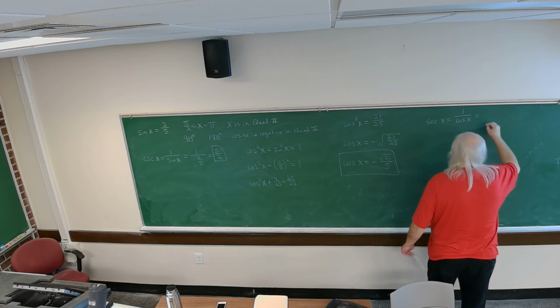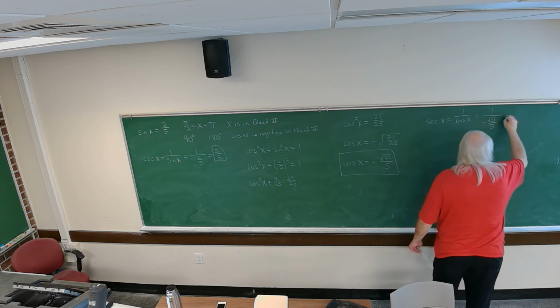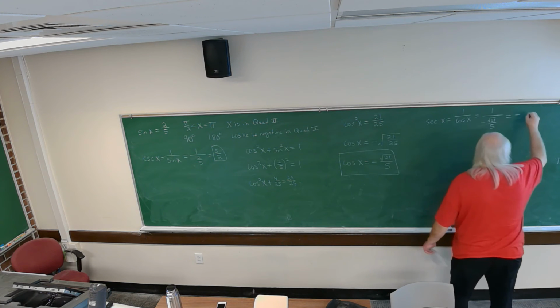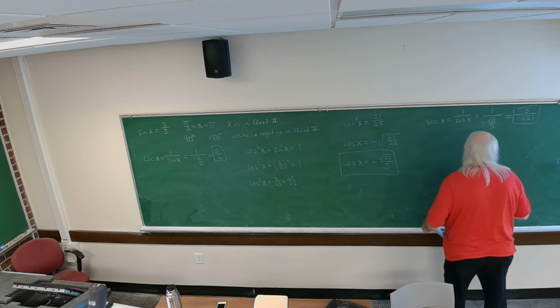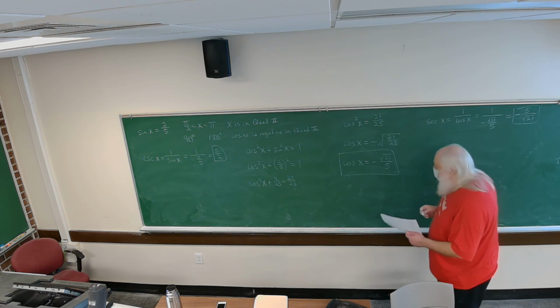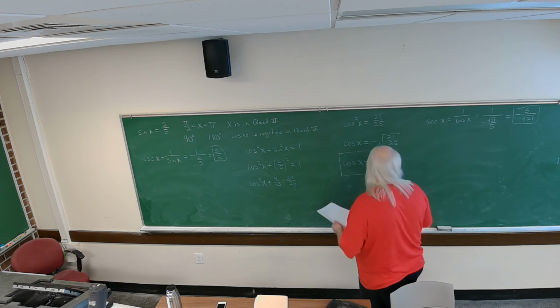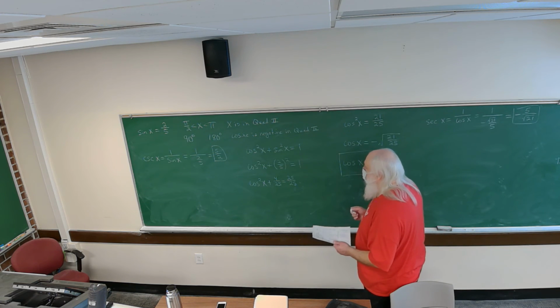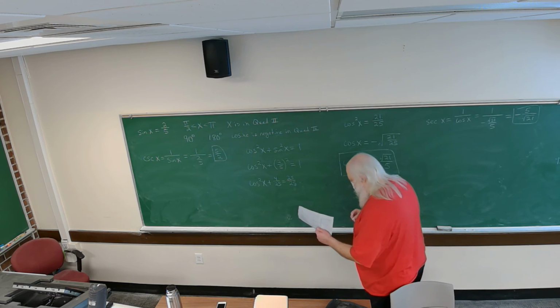So secant of x is equal to 1 over minus the square root of 21 over 5, which is equal to minus 5 over the square root of 21. So now we know 4, right, values of the trig function, right? The value for 4 of the trig functions.